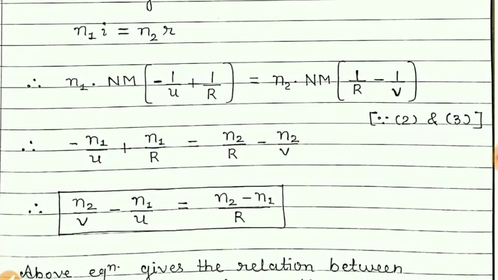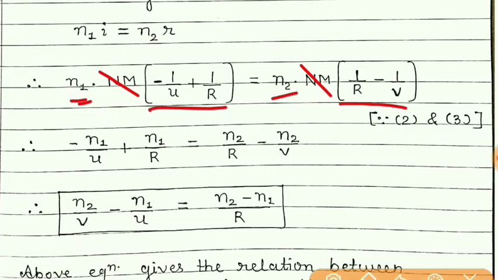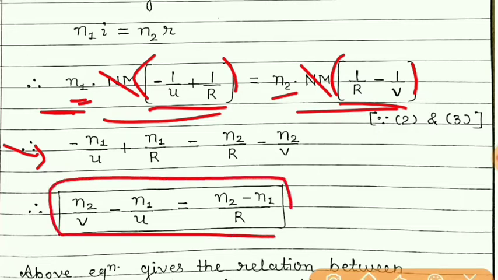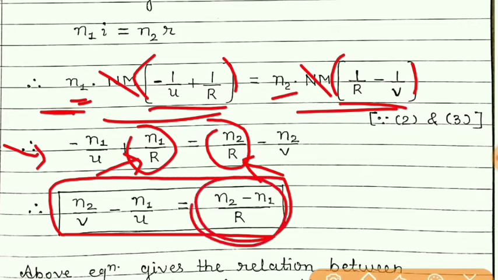Now students, normal simplification, normal mathematics is there, you can easily do it yourself. Here NM cancels on both sides, so here n1 remains and this term, n2 and this term on the right side. Now simply open these brackets here as well as here, and then arrange the terms to get this equation. Here these two terms have the same base, that is R, so we have taken the LCM.